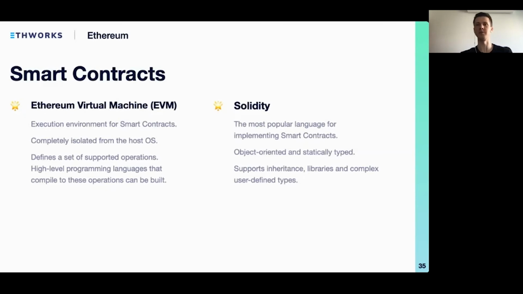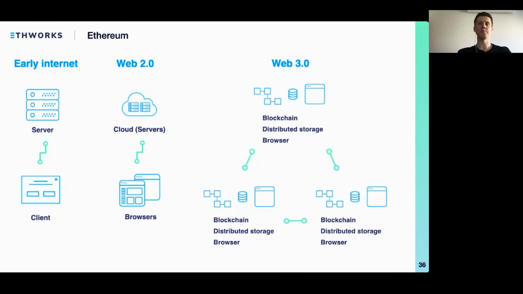Let me now talk a bit about how we view what's going on right now in the blockchain space. In the early days of the internet, we had a client-server model where we built services that ran on our own hardware, and then we built clients that we often installed on client computers. Now we have Web 2.0, where we no longer have our own infrastructure.